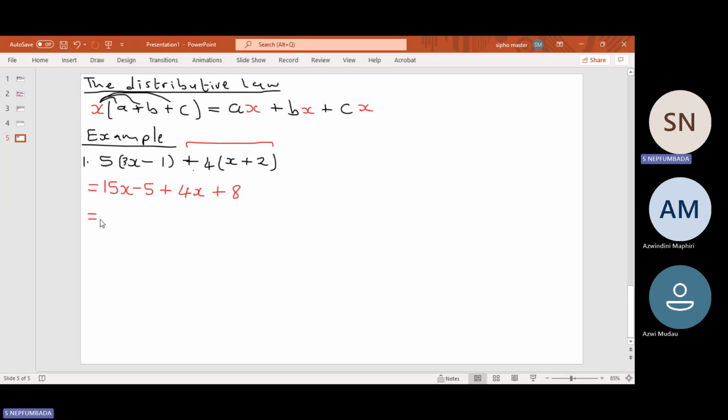Then when we group the like terms, you can tell that this one multiplies this and that, and here this one multiplies this and that.